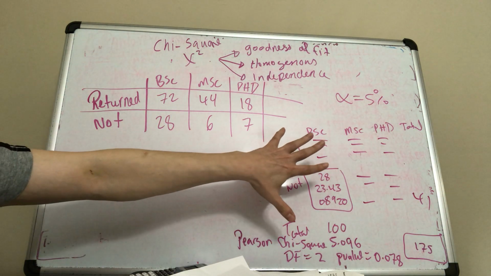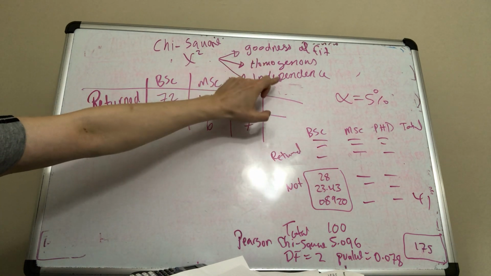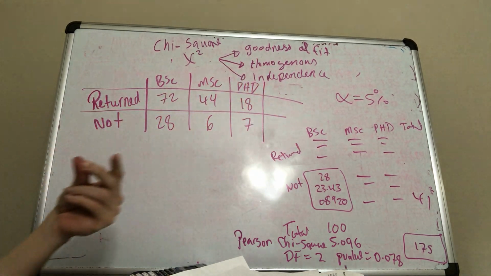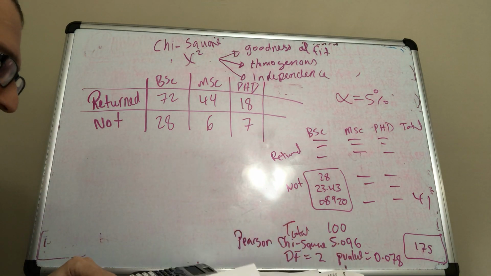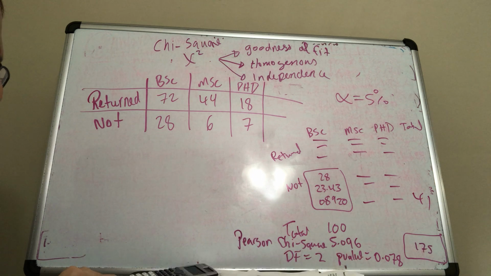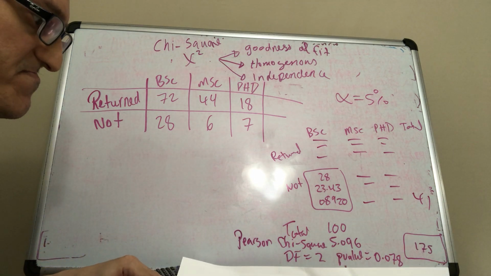When you're given a table like this, that means that it's either homogeneous or independent. Now, how do you tell whether it's homogeneous or independent? Well, it depends on the way they tell you, because sometimes it could be confusing.